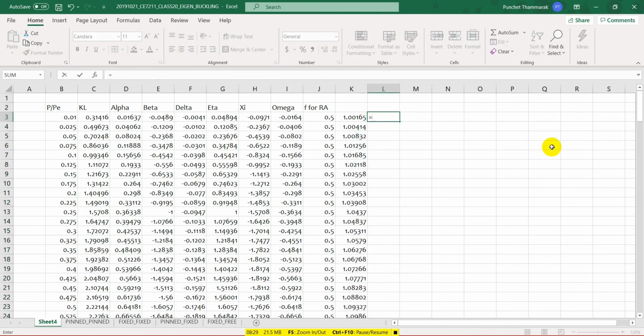Let's see if we compute this from another equation which is available, which is the minus RAL multiplied by alpha over beta, etc. Okay, so we have 12 multiplied by minus RA, and then multiply by alpha divided by beta, and then minus the delta divided by beta.